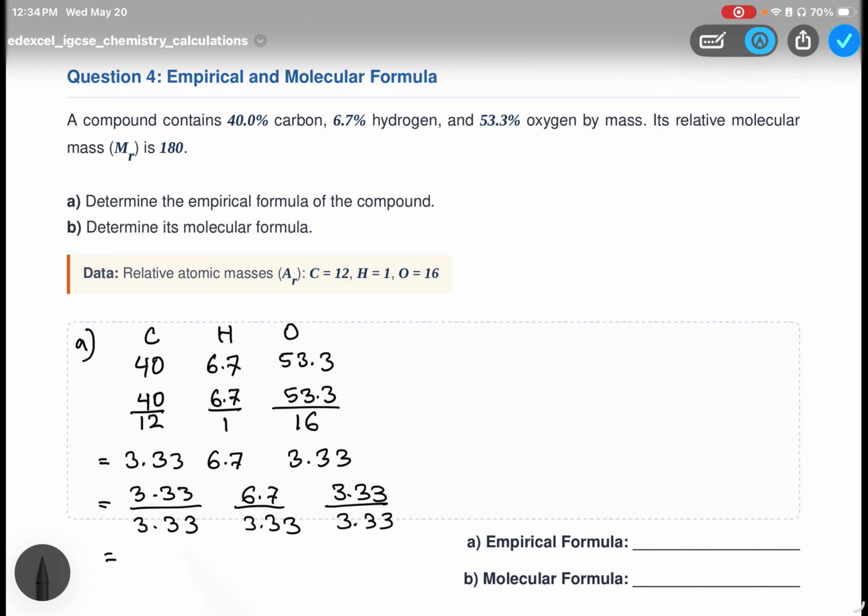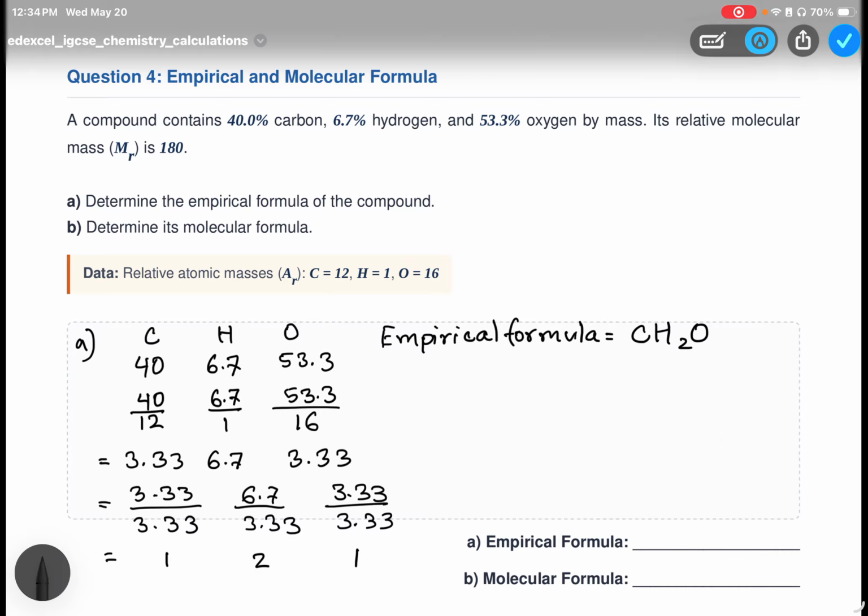Now we know this is obviously going to be 1, this one is approximately 2, and this one is again 1. So the ratio is 1:2:1. So our empirical formula is CH2O. This is as simple as it gets.